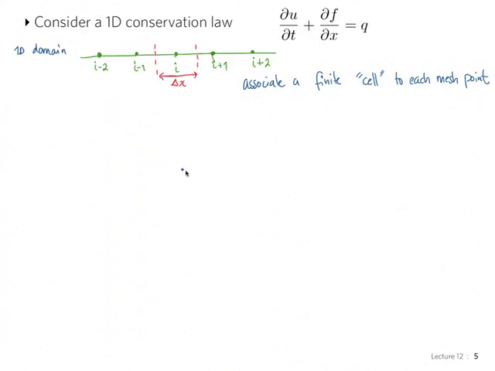And we have, for example, here cell I has two cell faces at the midpoints, I minus 1/2 and I plus 1/2.